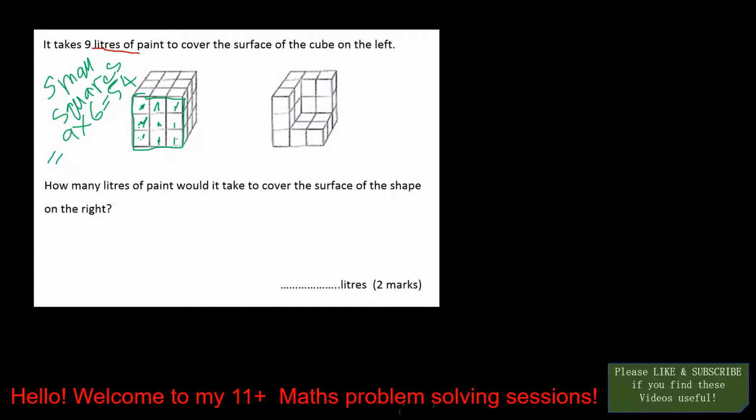Okay, so we will count again the number of squares that are there in the shape to the right. So we will count the number of the smaller squares again.